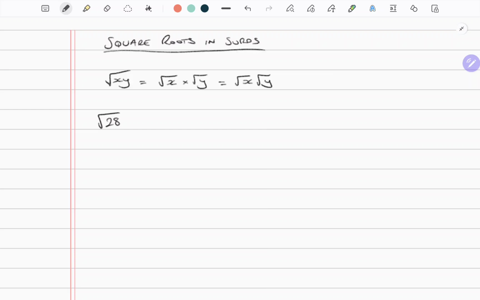This is a surd because it cannot be simplified into a whole number, but what we can do is say that it is also the same as the square root of 4 multiplied by 7, which is the same as the square root of 4 multiplied, again the multiplication symbol is implied, by the square root of 7. And the square root of 4 is 2, and we can't do anything with that square root 7 because it's a surd. So we've just simplified it a little bit here.